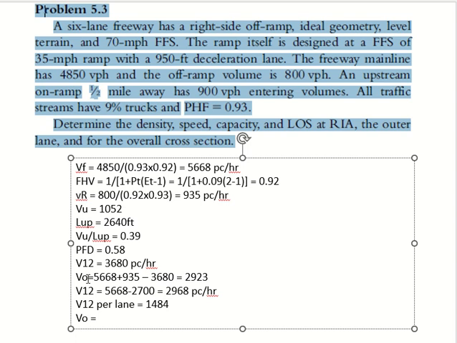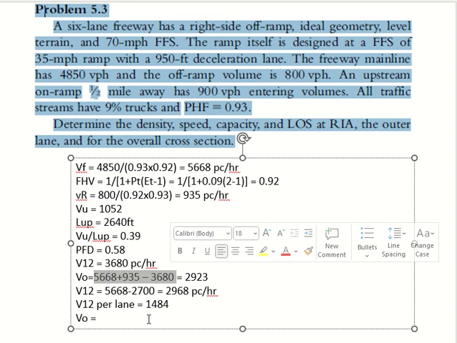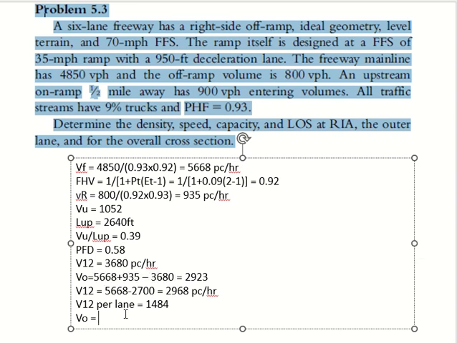So again we'll do the same thing. But instead of using 3680, we will use 2968. Okay. And 1.5 times of 1484 is how much? 2226.